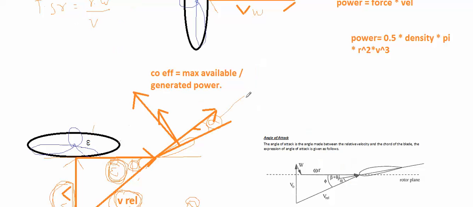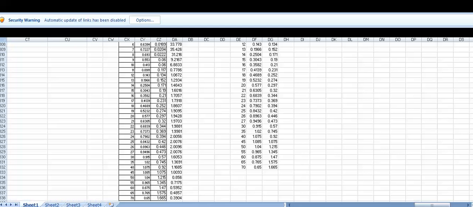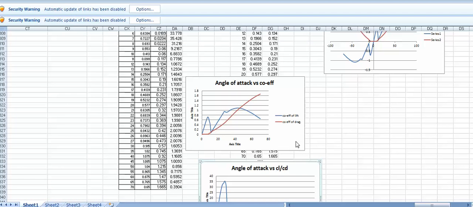So now I'll show you. Let's see the graphs of coefficient of lift and coefficient of drag, so it will give a better idea. So let's observe the graph.